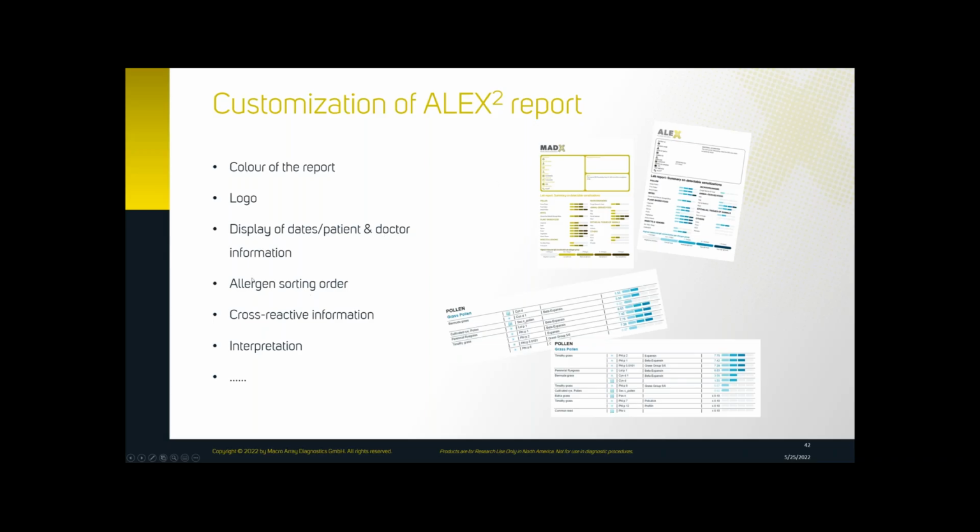It is possible to change the allergen sorting order depending on the values or alphabetically, include the cross-reactive information or not, add the interpretation, and many more features. So it's really very flexible in customizing the report.